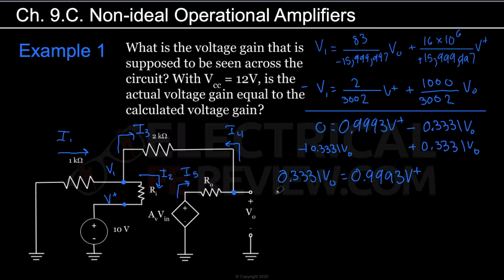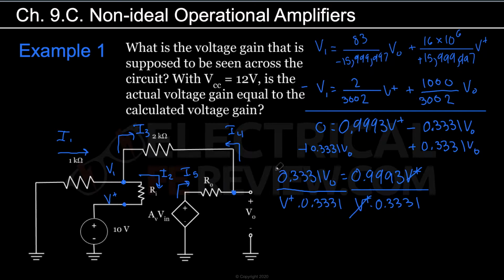And now we're just going to get our gain by itself. So we'll divide by V plus and 0.3331 on both sides. Our V pluses are going to cancel out on this side.